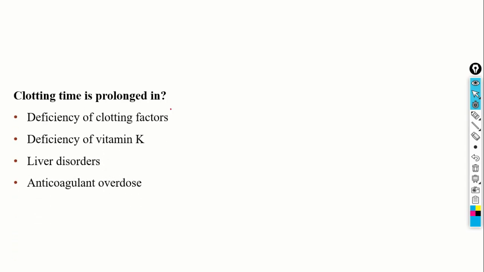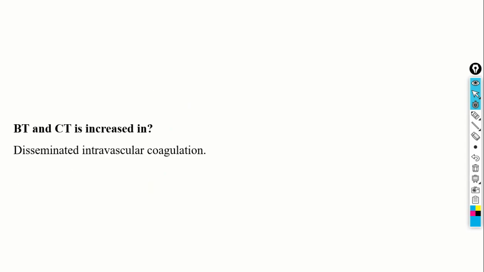You can go with clotting factor deficiency, deficiency of vitamin K, liver disorders, anticoagulant overdose. Any two conditions you can say. Both bleeding time and clotting time are increased in case of DIC, disseminated intravascular coagulation.